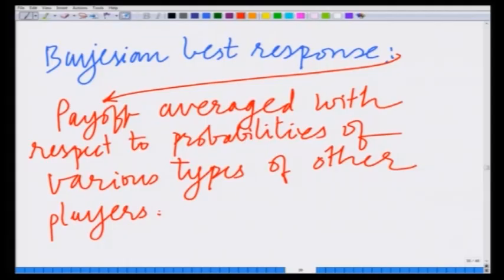That is what we are trying to figure out: the average payoff of the player boy, averaged using the probabilities corresponding to the different types of the other players, and his payoff corresponding to the actions of the different types of the other players. Therefore, we have computed the average payoff for the boy, and we have seen what his Bayesian best response is in this average sense.